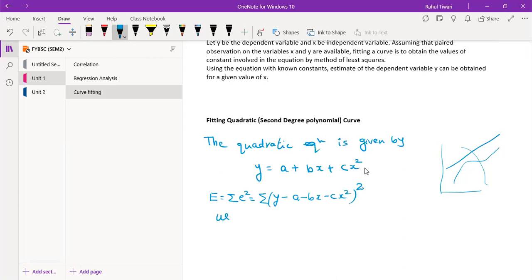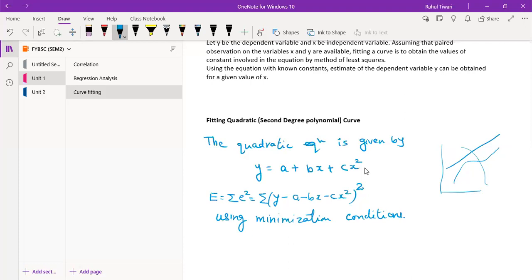Now using minimization conditions, what is the condition? We have to differentiate this E with respect to the parameters. So how many parameters do we have?